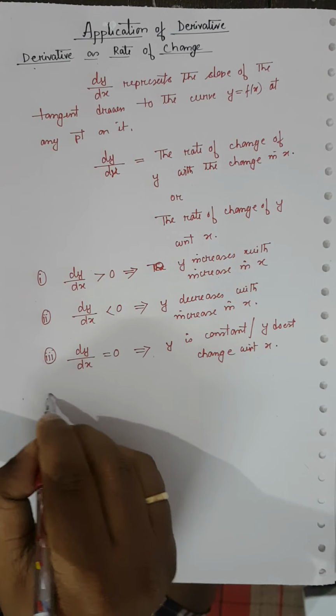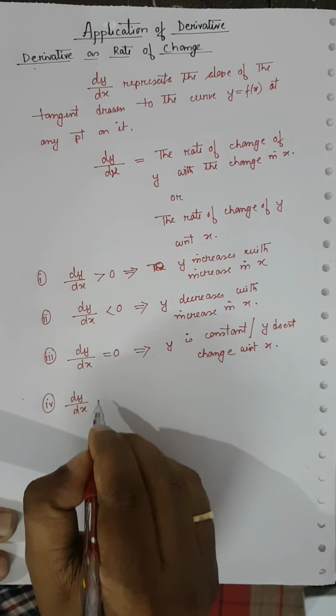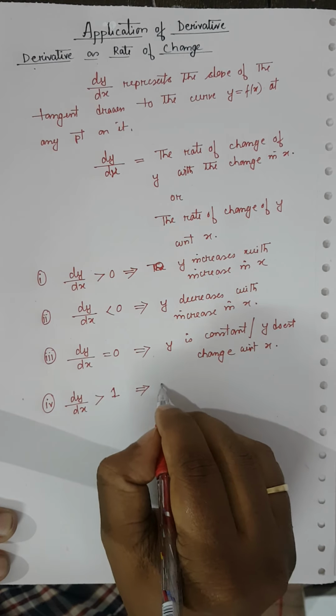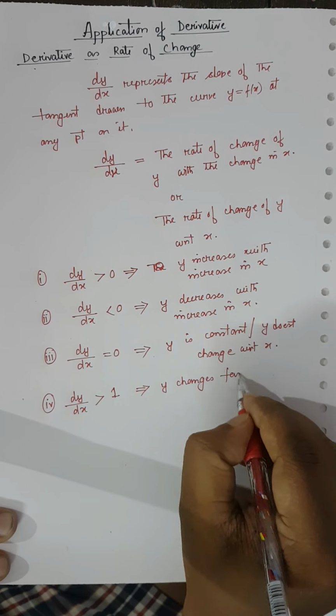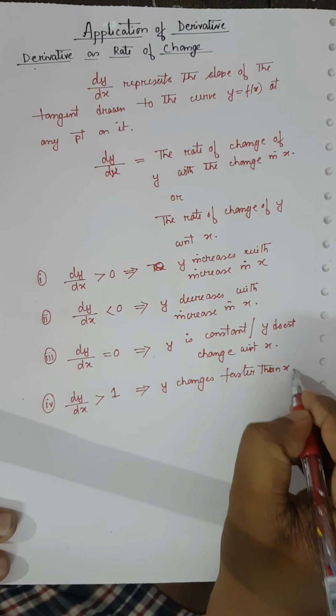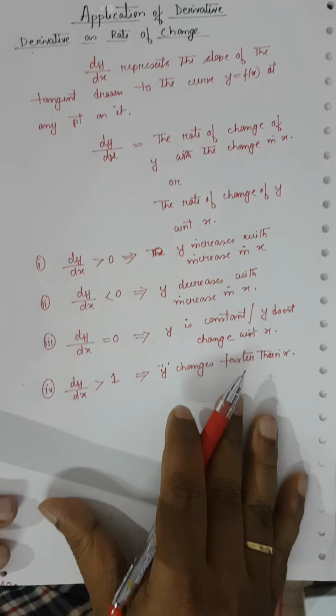Number 4, if I say dy by dx is greater than 1, it interprets y changes faster than x, that is the rate of change of y is faster than x.